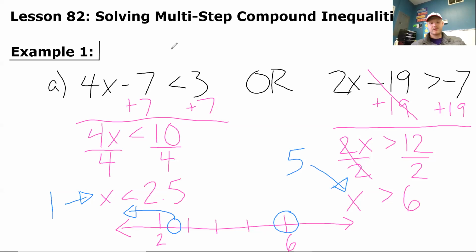Nope. So let's try out the number 7. Is 7 greater than 6? Yes, it is. So it's looking like our arrow is going to go that way. What if I tried 8 for our x value? Because that should work, right? Is 8 greater than 6? Yeah. And you could do that for every value all the way up to the highest number you could think of.